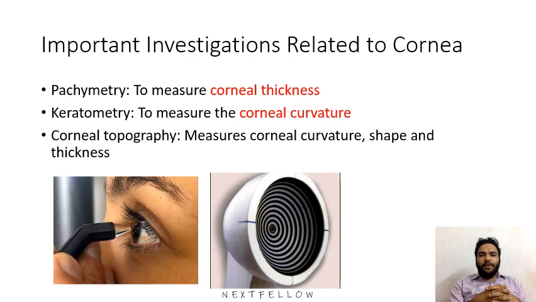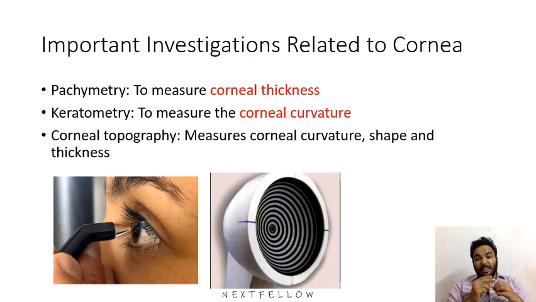Coming to the important investigations related to cornea: pachymetry to measure corneal thickness. I told you two reasons for it. One is glaucoma, the second is refractive correction, like refractive surgeries. In glaucoma, 520 microns is the normal thickness. If the thickness is more, the reading is overestimated.